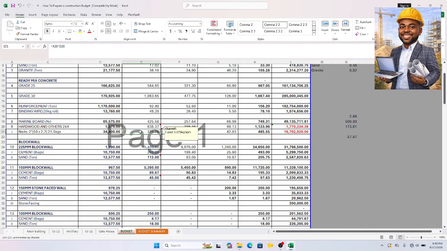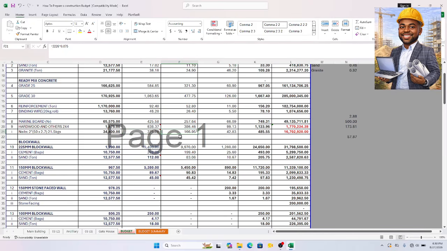For nail also, for every 1 square meter, we need about 0.075 kg weight of nail. And here I have the total square meter already. I have it, which is what I have here, times 0.075.